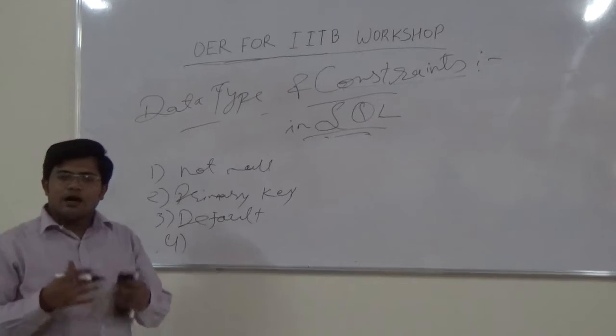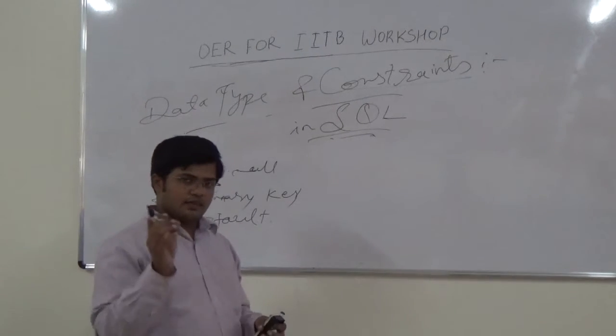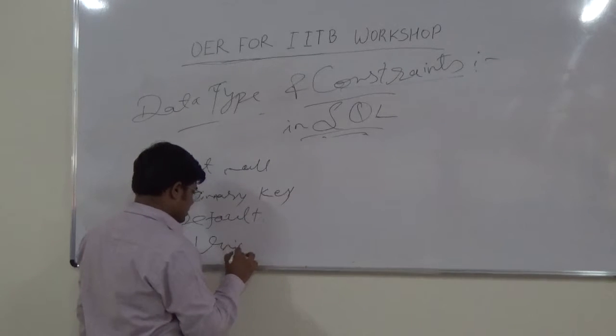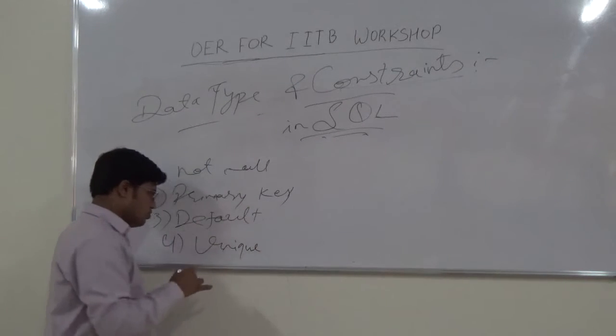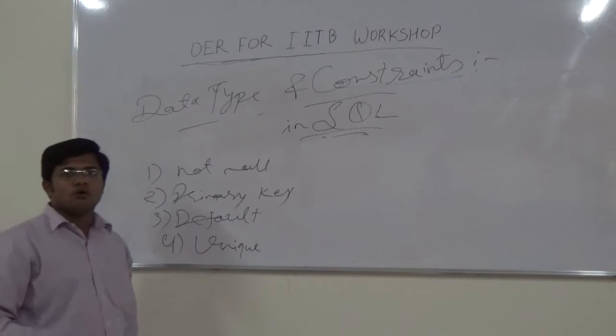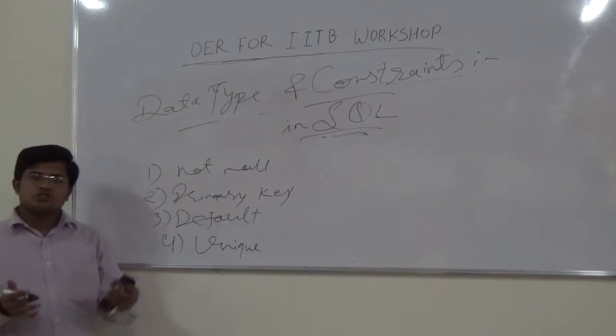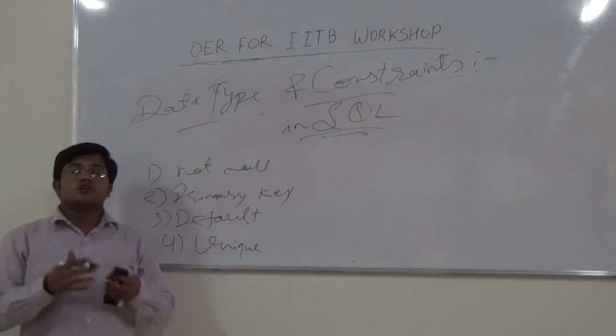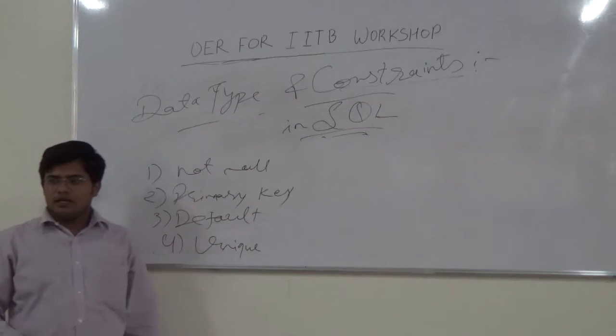Then the next one is unique, in which we are finding particular values, or we can use it for designing some more extra constraints or other uses of the database.